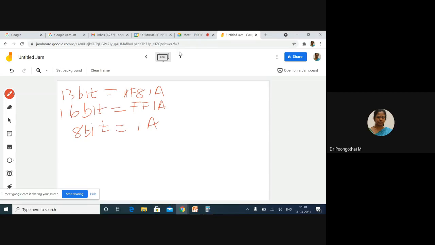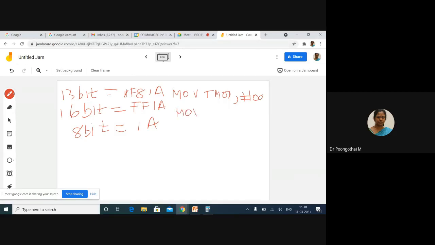So first I will write the code for the 13-bit timer. The first instruction is MOV TMOD, #00. Next we have to load the values.